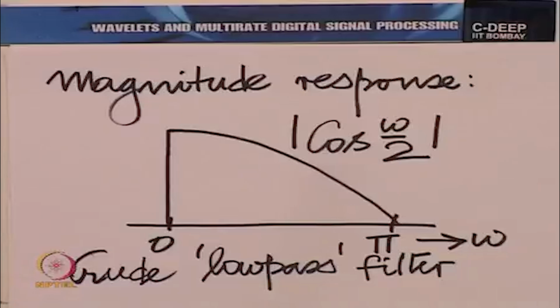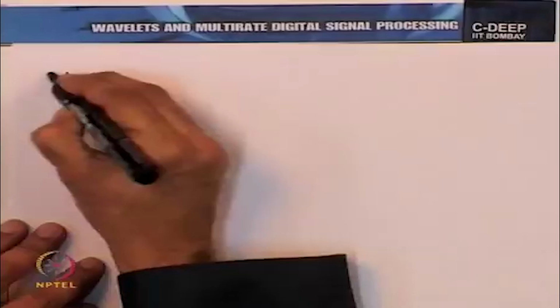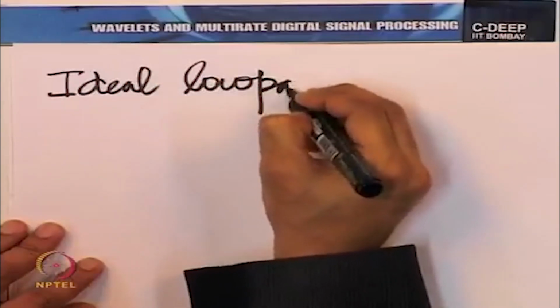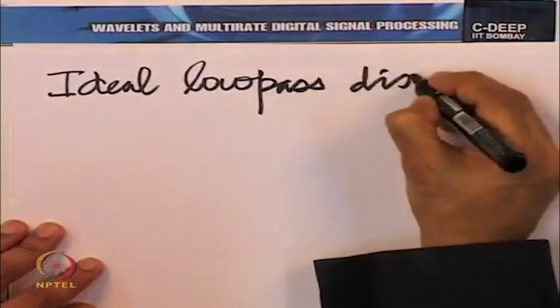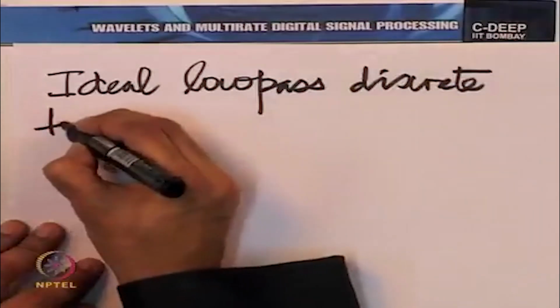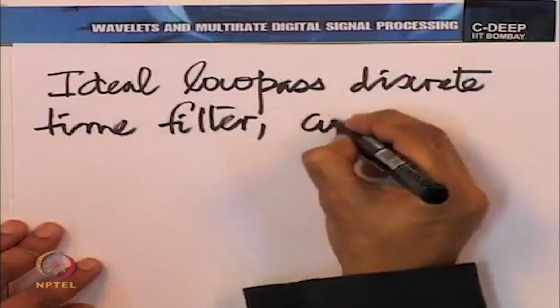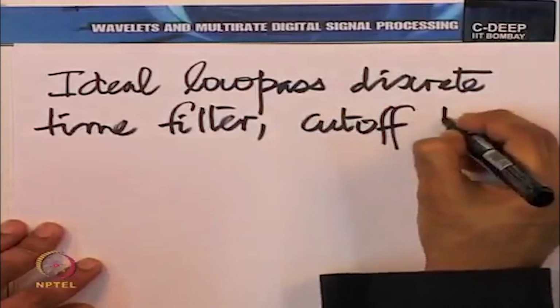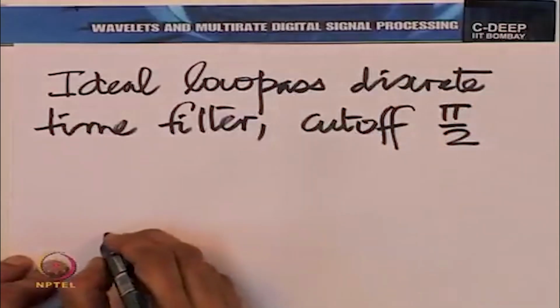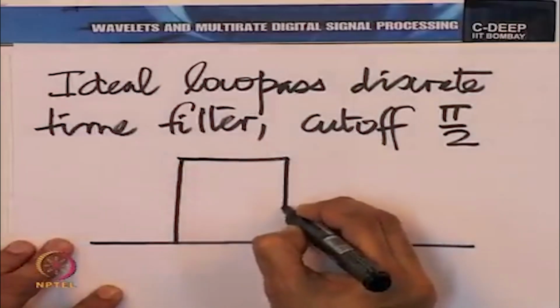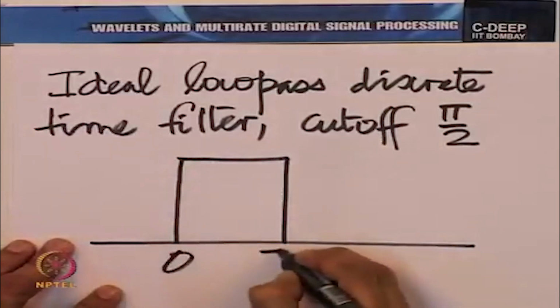If you had an ideal low pass discrete time filter, you would need to specify the cutoff too. An ideal low pass filter with a cutoff of pi by 2 would look something like this, in the magnitude sense.